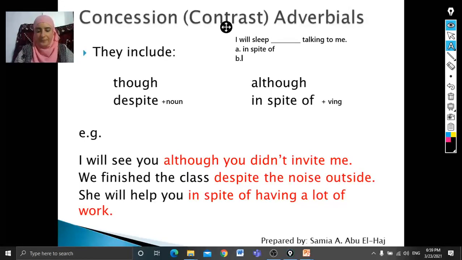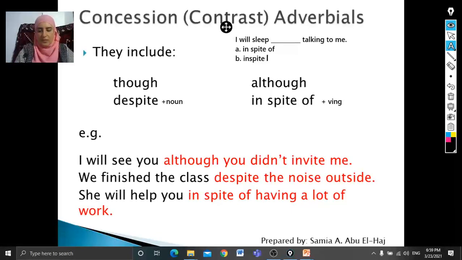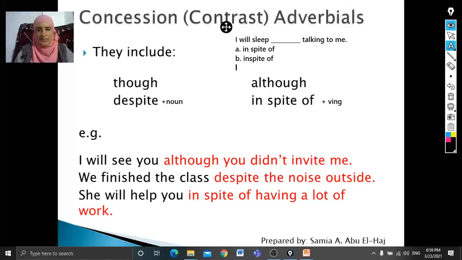B, in spite of. C, for example, despite, or D, although.